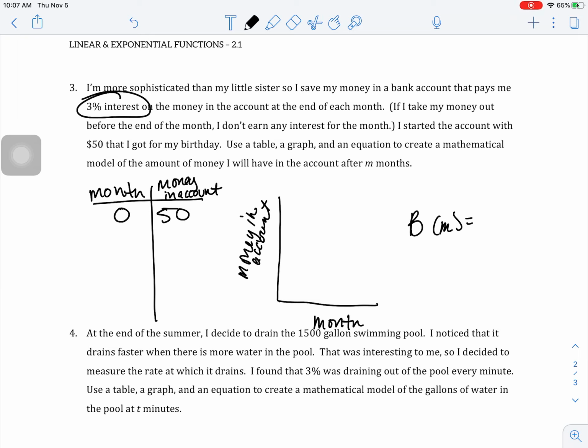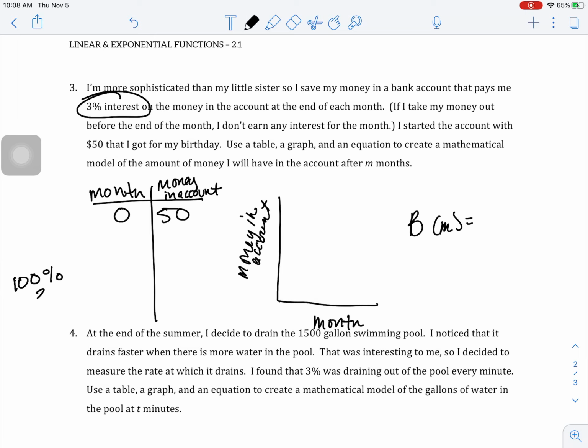So the thing about percent interest is that there's a video in the formative to help explain this better. But when you earn interest, you're earning that on top of the money that you already have. So to figure out percent interest, you get to keep 100% of the money that you already have in your account because the bank is giving you interest.